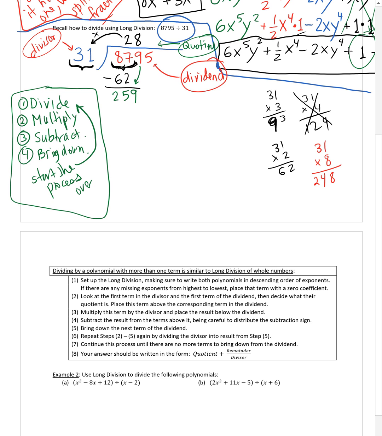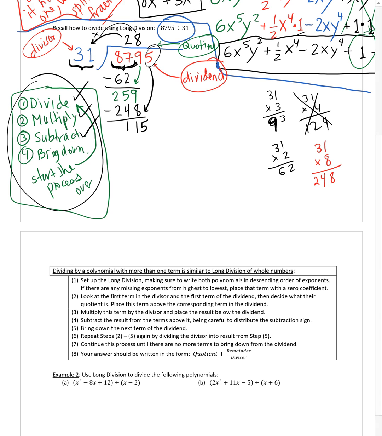I'll put that here. So we divided. Now we're multiplying. 8 times 31 we just found out was 248. The next step we'll subtract. That'll be 11. And we'll bring down the next digit. And remember, you know you're almost done when you're bringing down the last digit. 5 is the last digit. That's how I know this is the last time I'm going to repeat this cycle. 31 into 115.